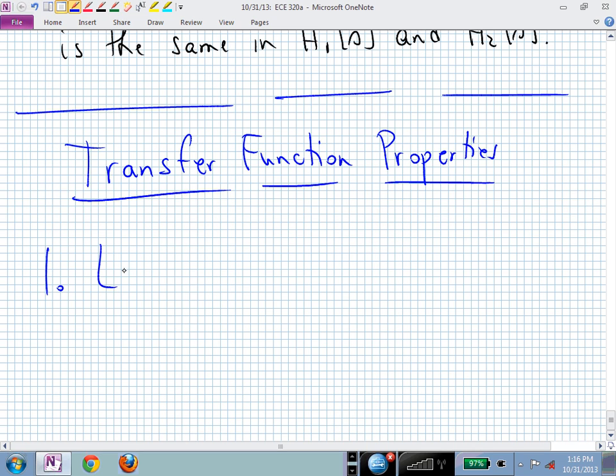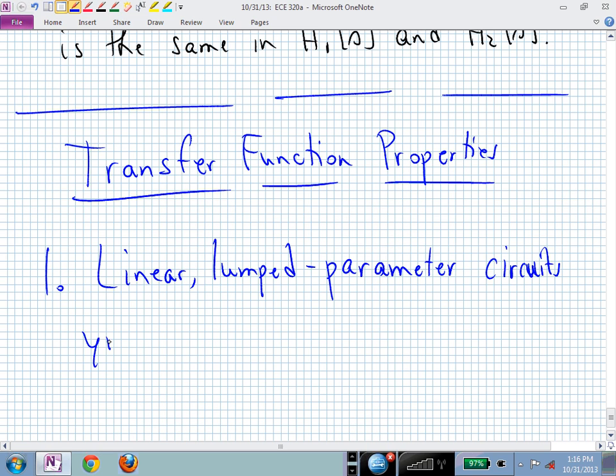One is that linear lumped parameter circuits yield rational transfer functions.